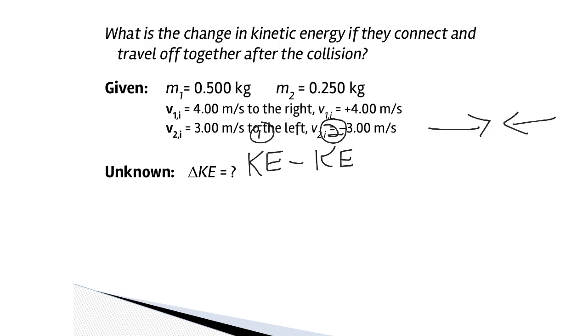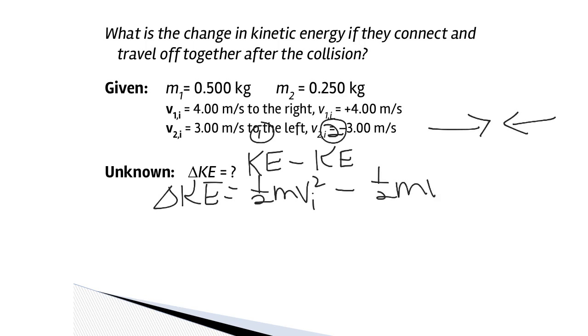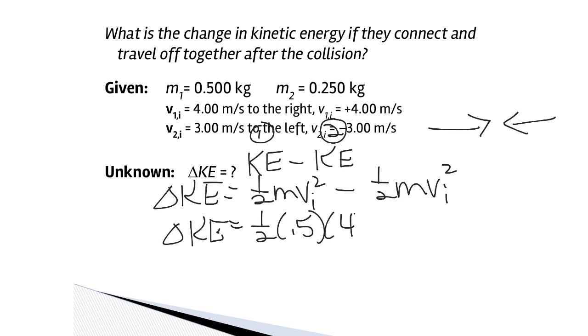So we're going to do change in kinetic energy equal 1/2 mv squared initial for ball 1 minus 1/2 mv initial squared for ball 2. Change in kinetic energy is equal 1/2 times 0.5 times 4 squared minus 1/2 times 0.25 times minus 3 squared.